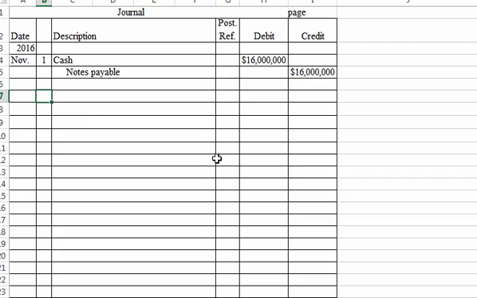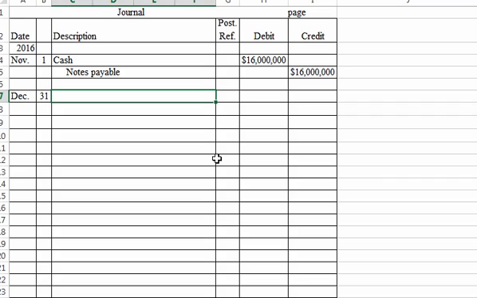And number two reads, prepare the appropriate adjusting entry for the note by Quantum on December 31st, 2016. Okay, so we've made it to the end of the year. Now it says the interest is due at maturity, so the interest won't be due until 9 months have expired.